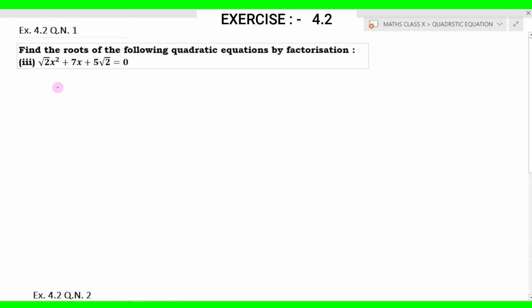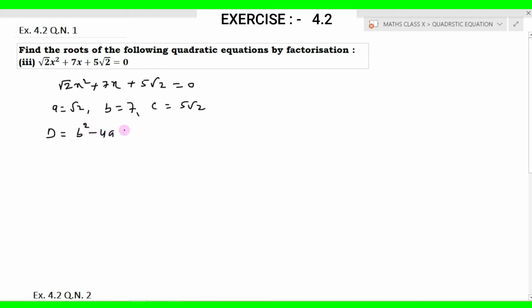Here the equation is root 2 x square plus 7x plus 5 root 2 is equal to 0. Here the value of a is root 2, value of b is 7, and value of c is 5 root 2. So the first step is to find the value of D. D is b square minus 4ac.